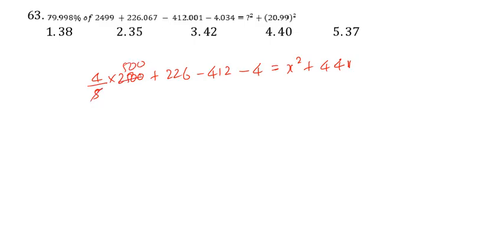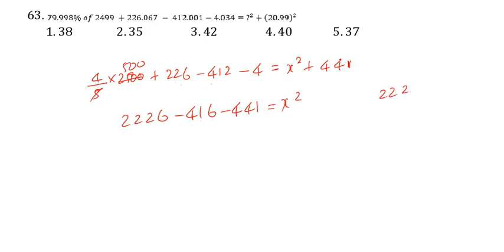This is 2000 plus 226, 2226, minus 416, minus 441 is equal to x square.